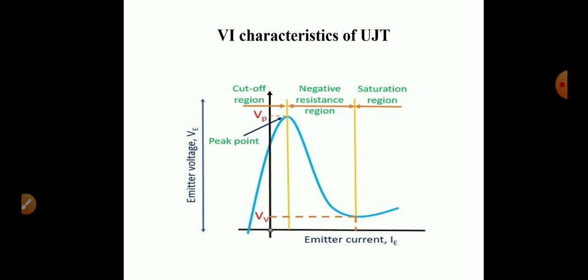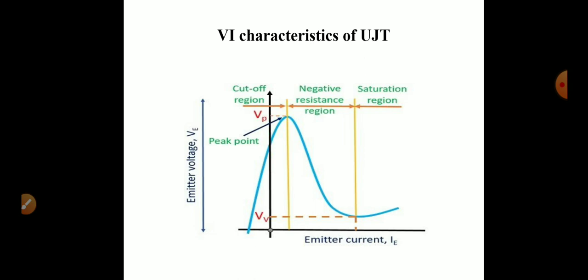Next one is the VI characteristics of the UJT. In the VI characteristics of the UJT, emitter voltage is represented on the y-axis and emitter current on the x-axis. The characteristics are divided into three main regions: cutoff region, negative resistance region, and saturation region.